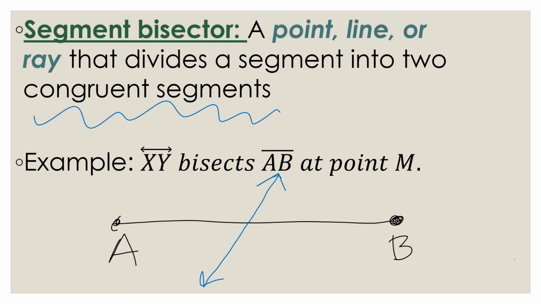It doesn't matter. Then we want to make sure that we label our line. And where that line XY bisects line segment AB is point M, so we need to draw that as well.